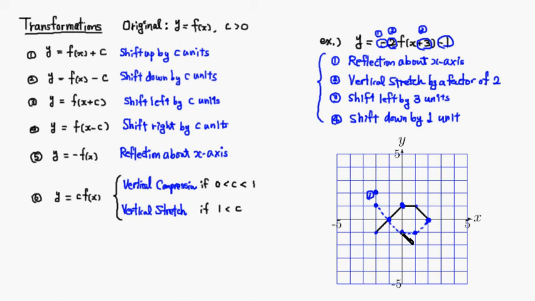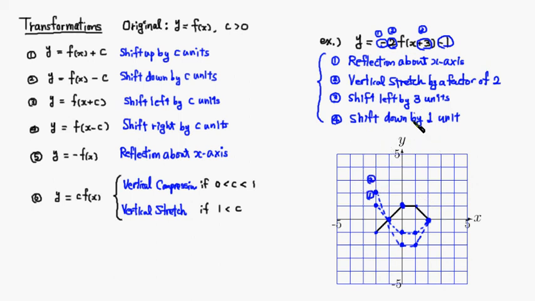Negative 1 gets doubled, it's going to be negative 2, so it's going to go down here. 0 doubled is still 0, right? So you can see that after the second transformation, you have a graph which looks like this. You can see that the graph is stretched vertically. So this is after the second transformation.